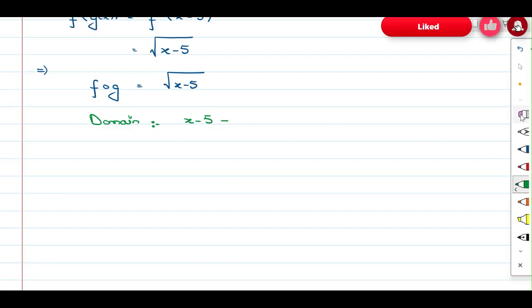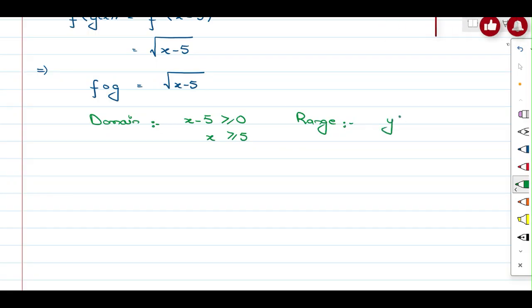Sorry, not equal to, it's greater than or equal to 0. So here we can say x is greater than or equal to 5. That is the domain. And the range of the radical function is always y is greater than or equal to 0.